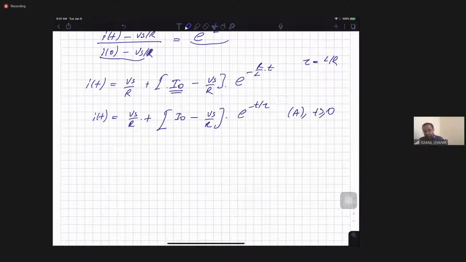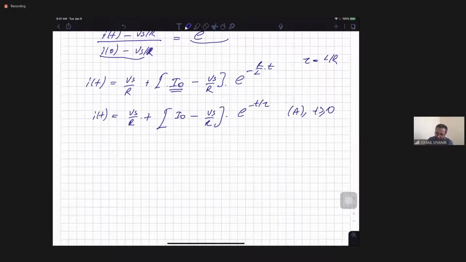But of course, we can do more modifications if, for example, the initial current flowing through the inductor is 0. So let's say I0 is 0, we can make this simpler.